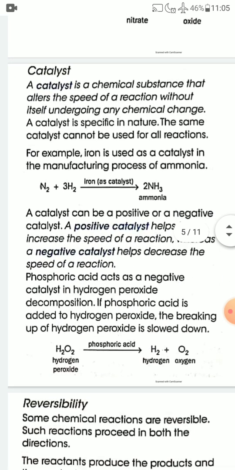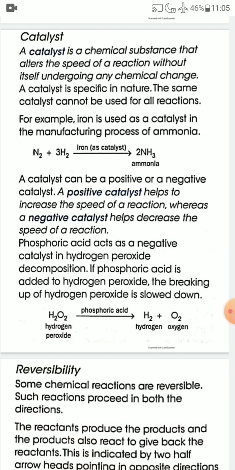Now, the second condition is a catalyst, which you have to mention in the chemical equation. A catalyst is a chemical substance that alters the speed of the reaction without itself undergoing any chemical change.